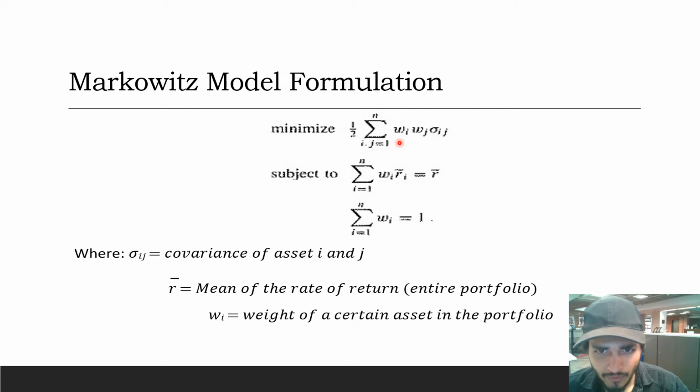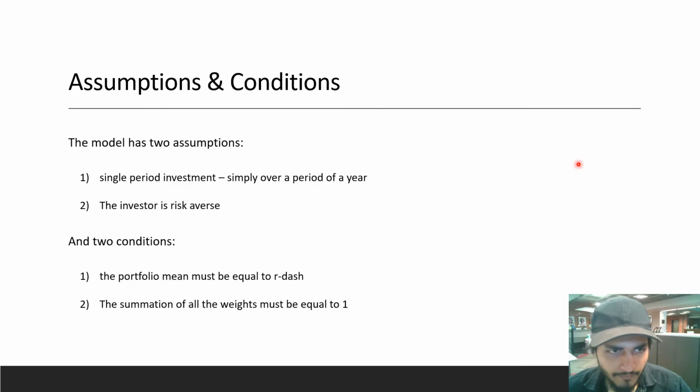The expression of the objective has the weights of the stocks as well as the relationship between the stocks. The sigma represents the covariance of the assets. The R dash represents the mean rate of return of the entire portfolio, and W represents the various weights of the certain stocks.